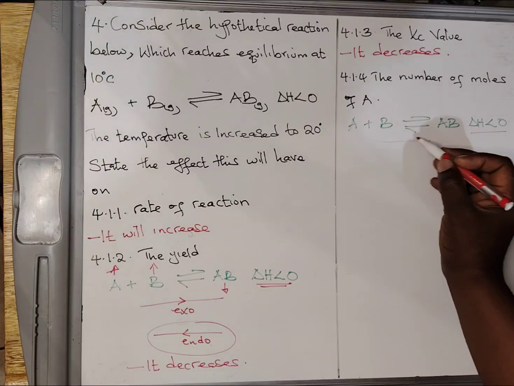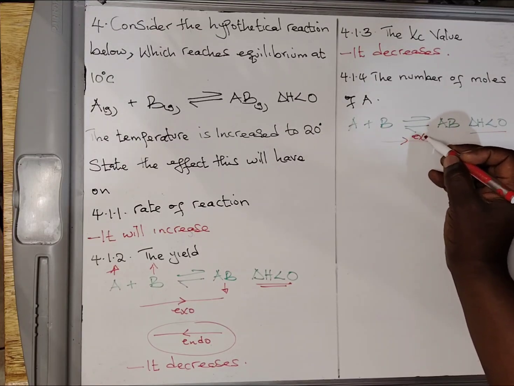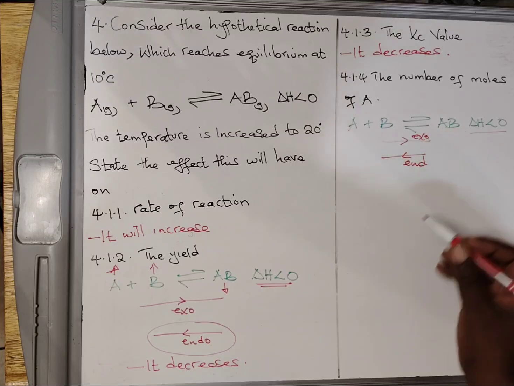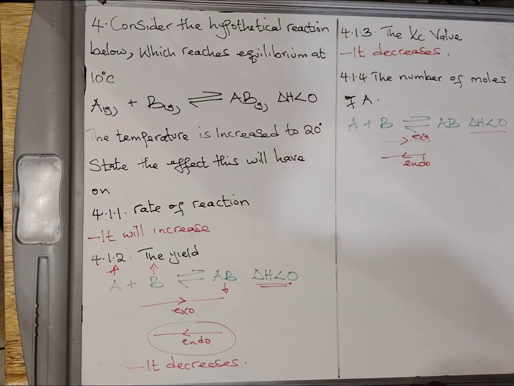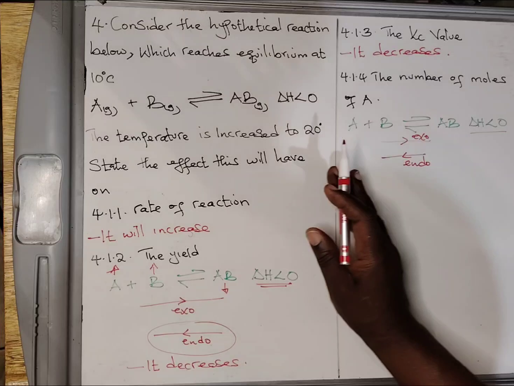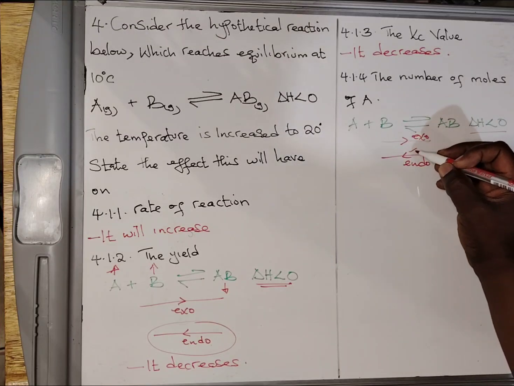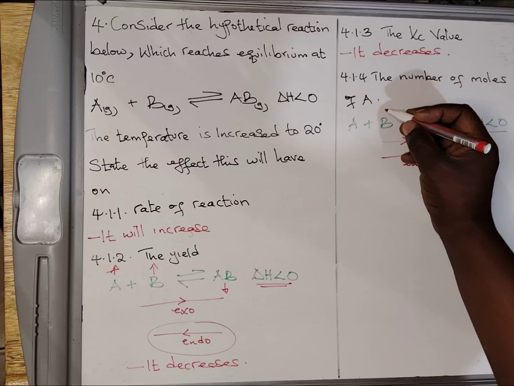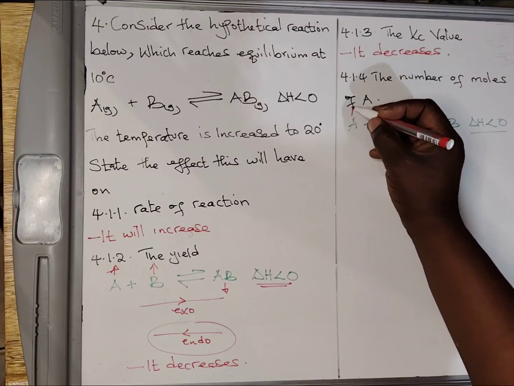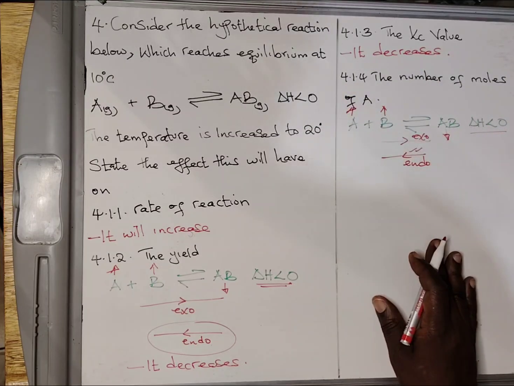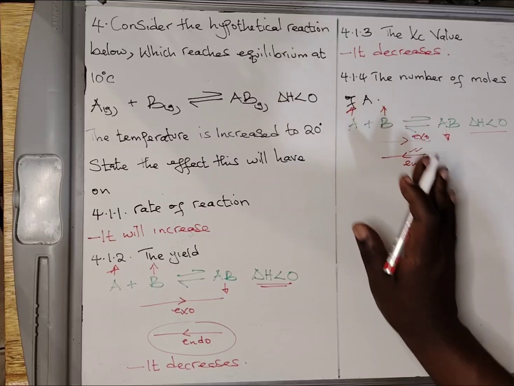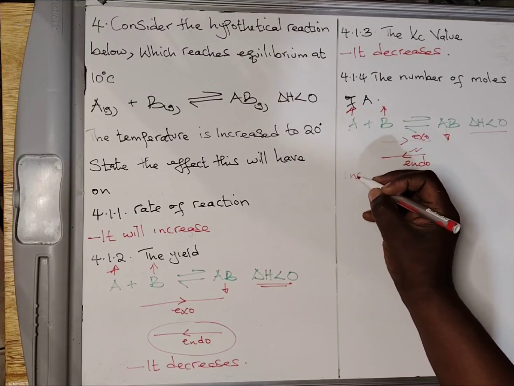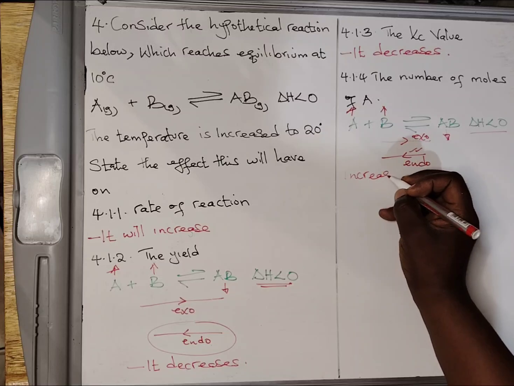So forward is exo. Reverse is endo, and the increase in temperature favors endo. So what will happen? This one is going to decrease and this one will increase. That's what the reverse means. We're asking about A. So what will happen to A? The answer is increase.